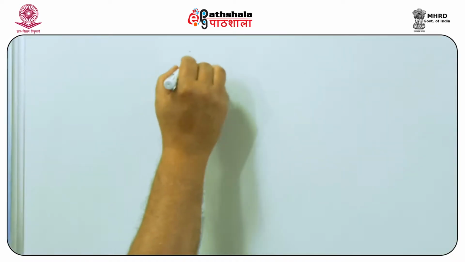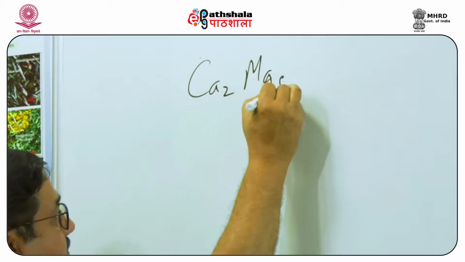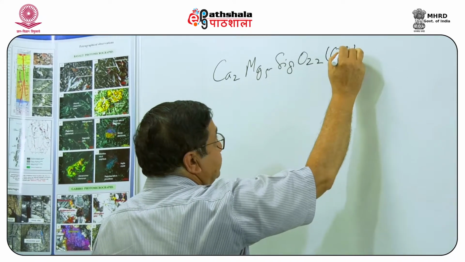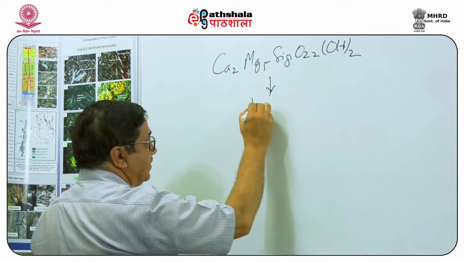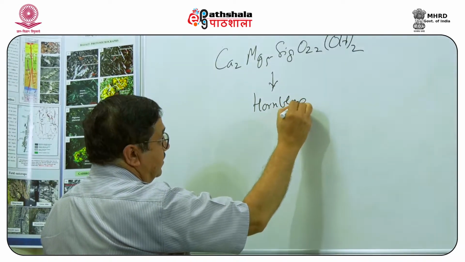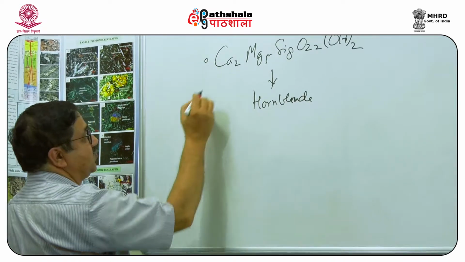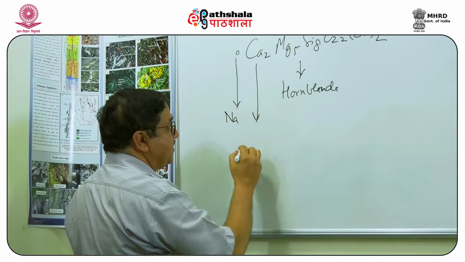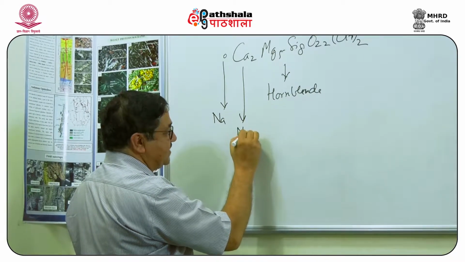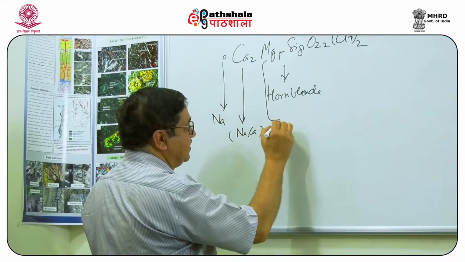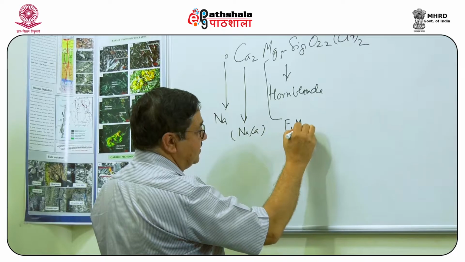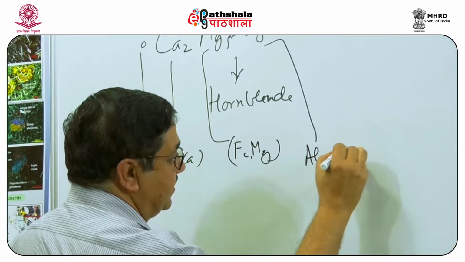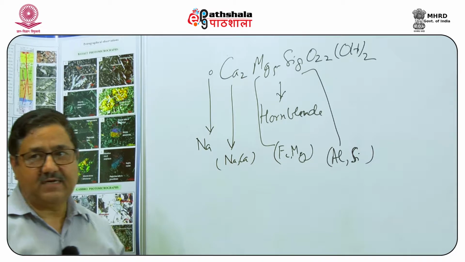From tremolite, which I will again write the formula, one can form hornblende by substituting sodium in the vacancy, substituting some sodium in the X site, so it becomes NaCa, substituting some iron in this site, and substituting some aluminium in the tetrahedral site.